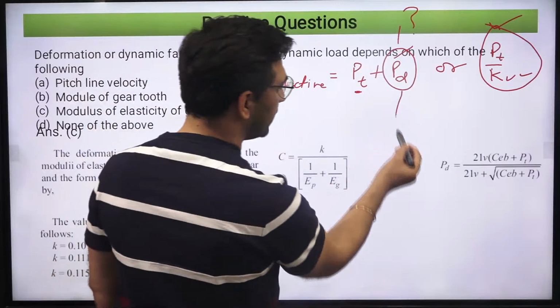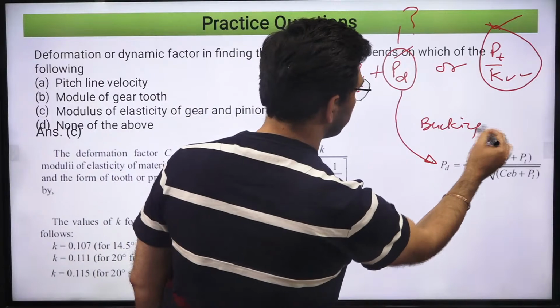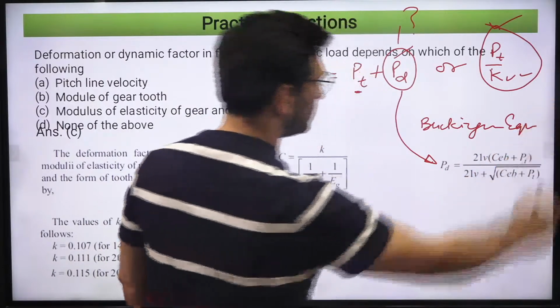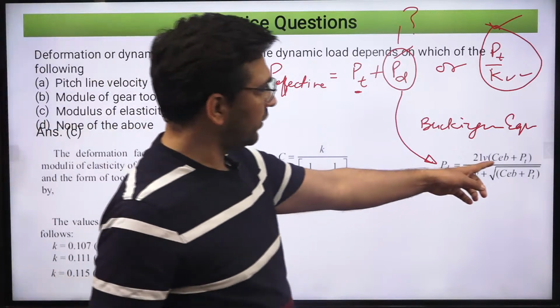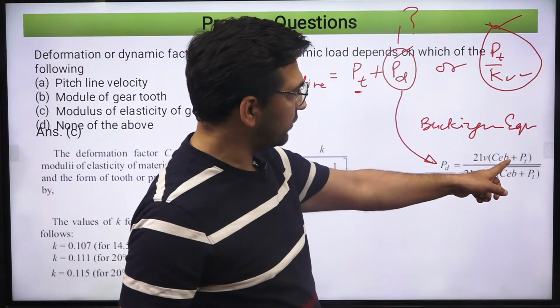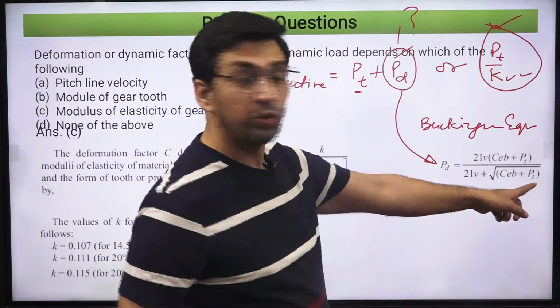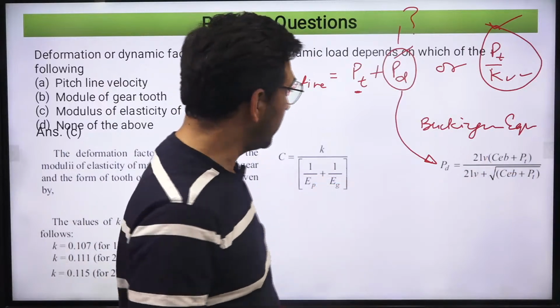So how to calculate it? We had said that we have an equation called the Buckingham equation. This is the Buckingham equation where you have these different factors. For example, C, e is the tooth error, b is the width of the tooth, PT is the tangential tooth load. You should know the different terms over here, and V is the pitch line velocity, right?